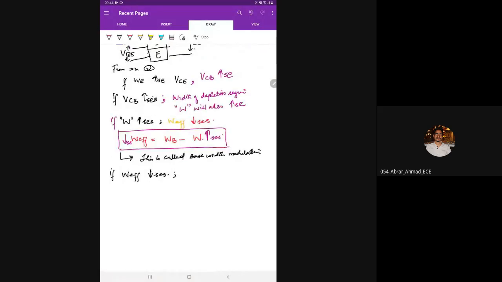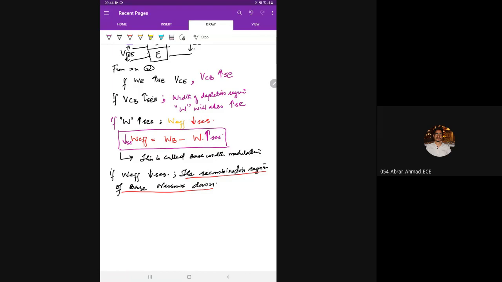So if effective width decreases, then we say that recombination region of base narrows down. It is very important. So recombination region of the base also narrows down. This is a very important phenomenon.